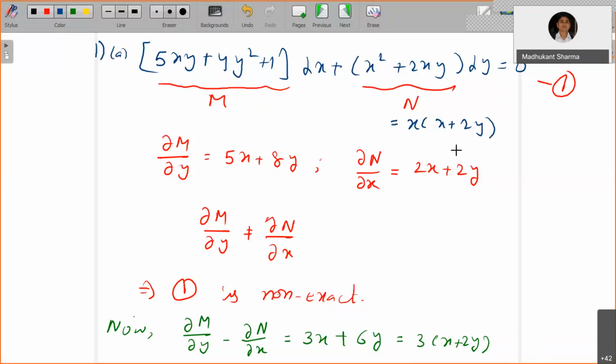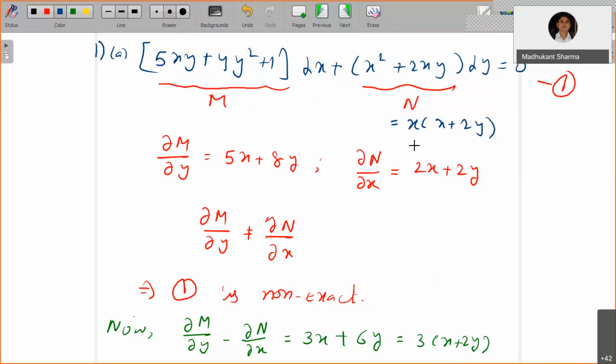Now you can see this difference contains a factor of N, and after removing that, what remains is a function of x only. Keep in mind that if you remove the factor of N, the remaining should be a function of x only. If you remove the factor of M, whatever remains should be a function of y only. When you divide by M, function of y only.